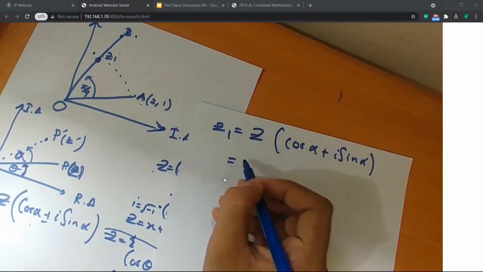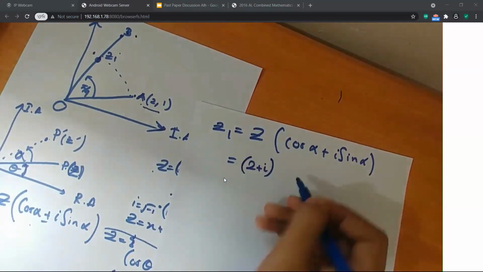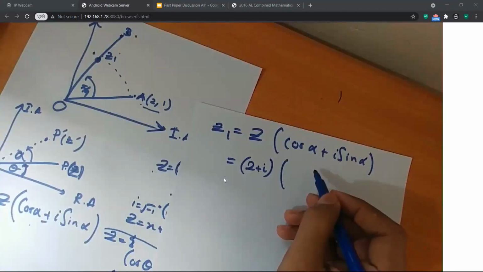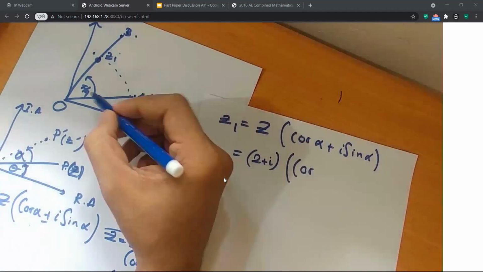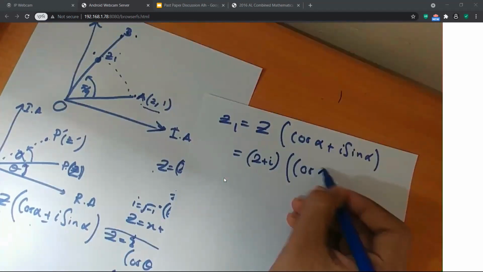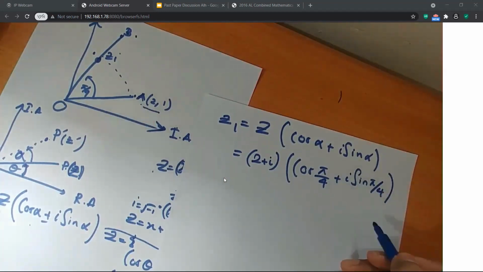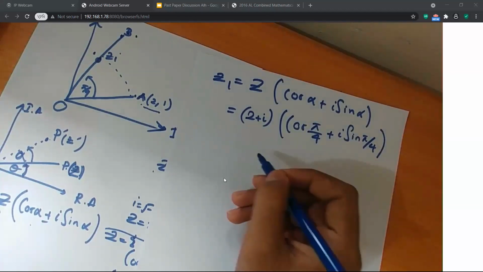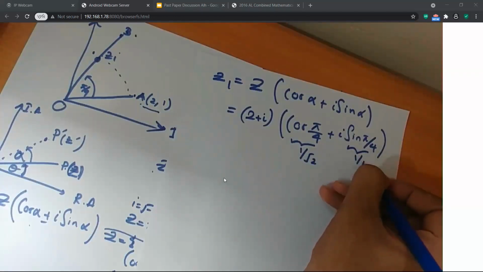Now what is alpha? What is z? This complex number, that is 2 plus i. And what is alpha here? We rotated it by angle π/4, so cos π/4 plus i times sin π/4. Cos π/4 is 1 over root 2, and sin π/4 is 1 over root 2.